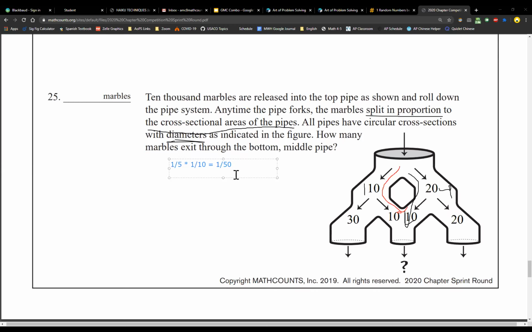And the probability that it's the second one is 4/5 times 1. Equals 4/25. So now we can add these more easily. And we get 9/50. And then 9/50 times 10,000 gives the answer of 1800. And that's the answer.